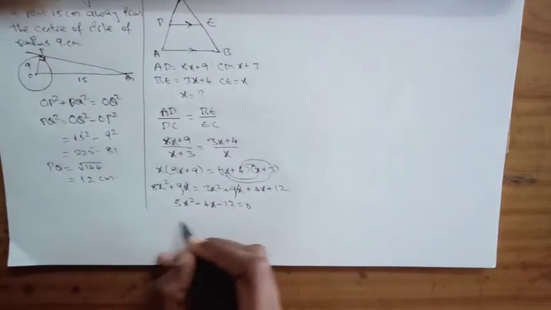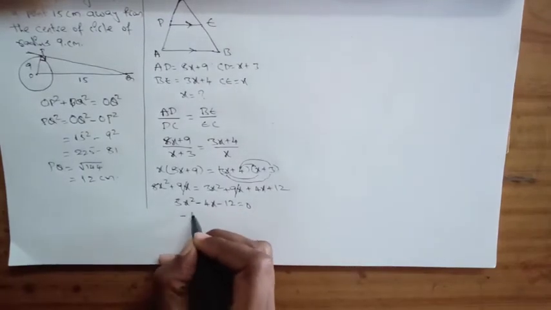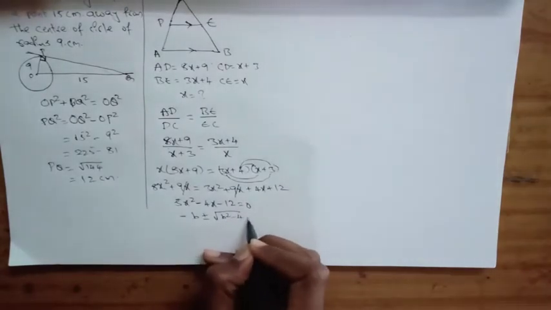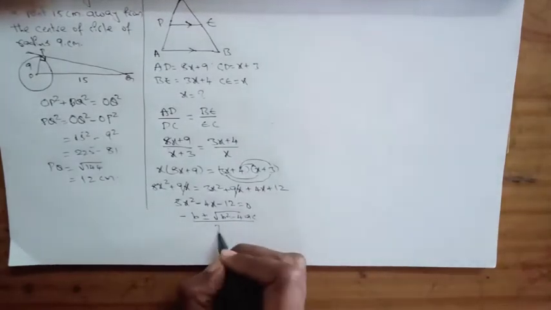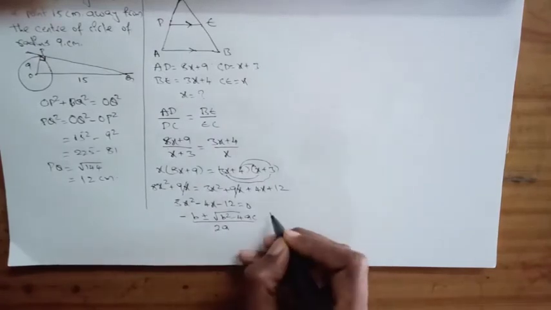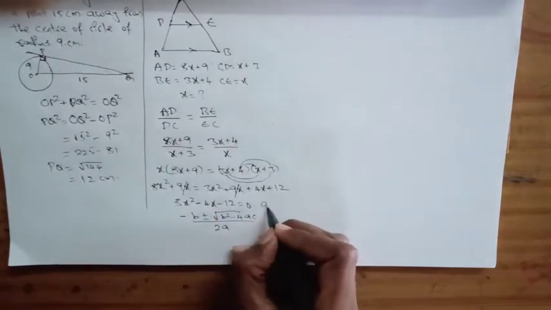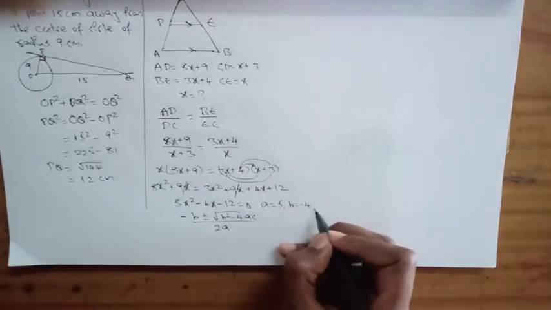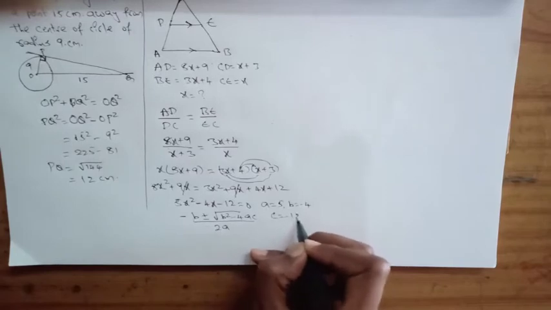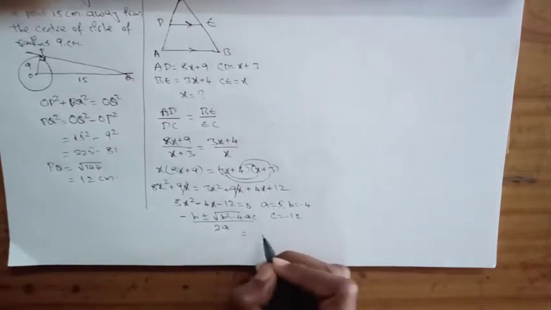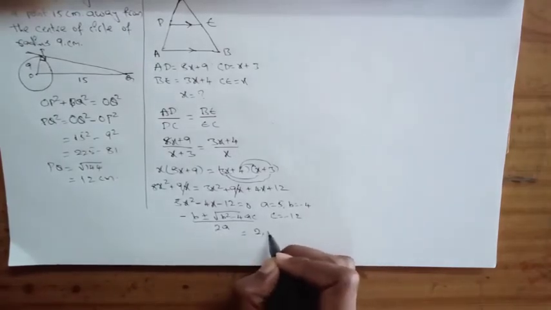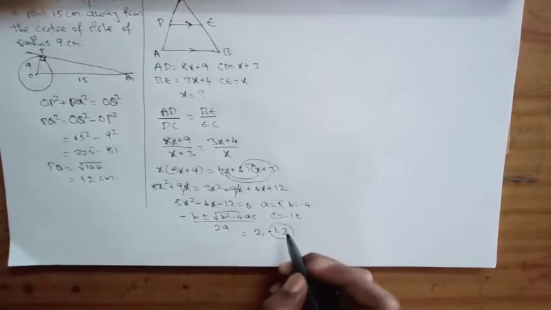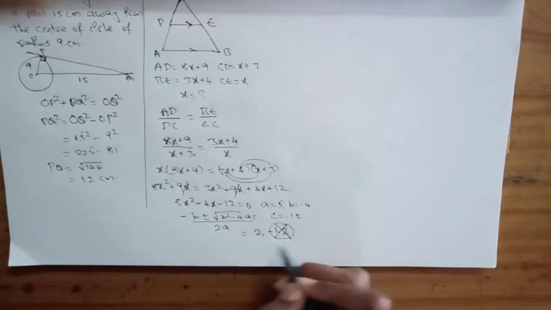If we solve this equation by substituting minus b plus or minus the square root of b square minus 4ac, by 2a, here the value of a is 5, b is minus 4 and c is minus 12. We will get two answers. One is 2, another one is minus 1.2. The length can never be negative, so the answer will be 2.